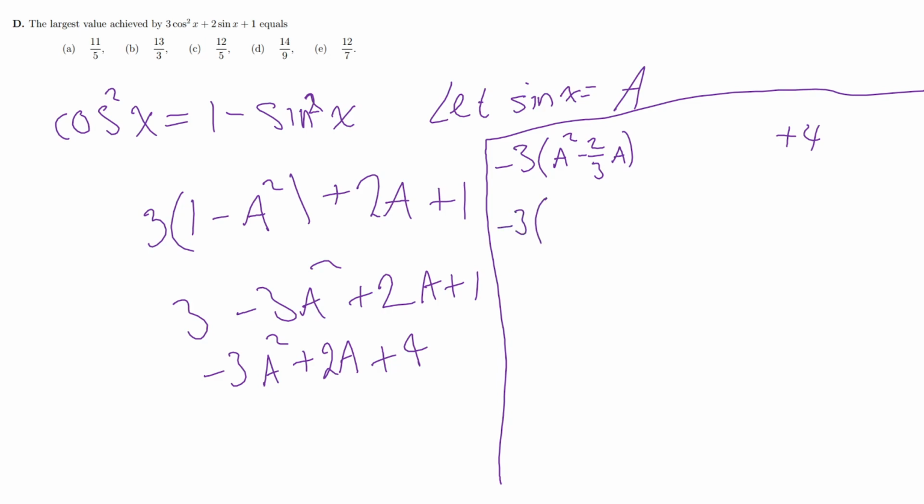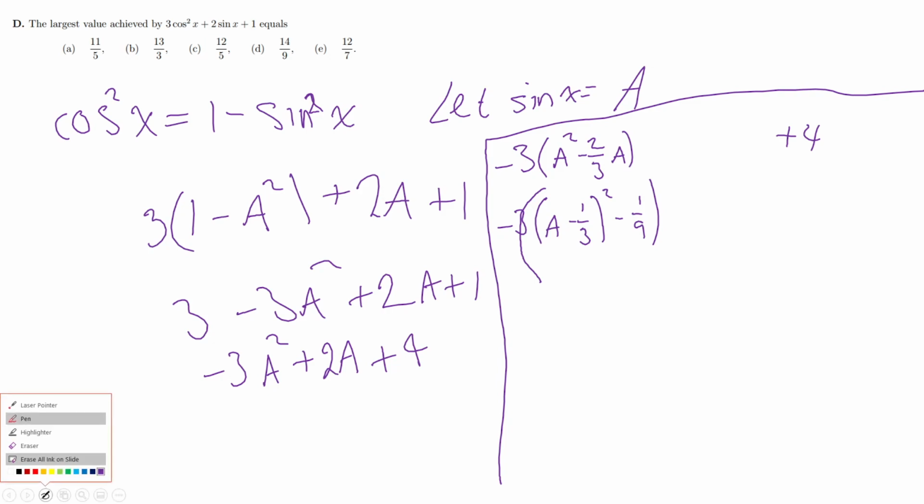So minus 3, a minus 1/3 squared minus 1/9. But this is all being affected by our minus 3, which I have just drawn over because I'm a bit stupid. I am going to quickly get rid of that line and have another go at drawing it.